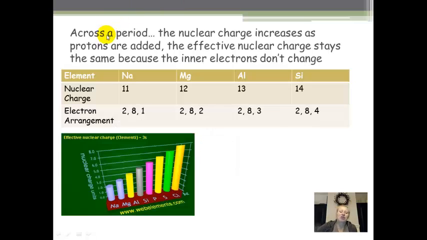So as you go across a period, the nuclear charge increases because protons are added and the effective nuclear charge stays the same because the inner electrons don't change. So as we go across, okay, from sodium to magnesium to aluminum to silicon, we can see that the nuclear charge will increase because we're adding more and more protons, but the effective nuclear charge will stay the same because the shielding electrons will not change.